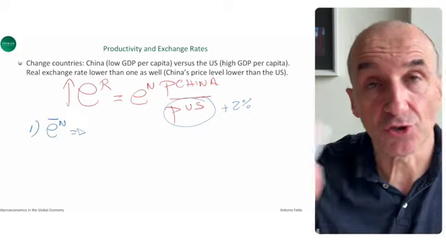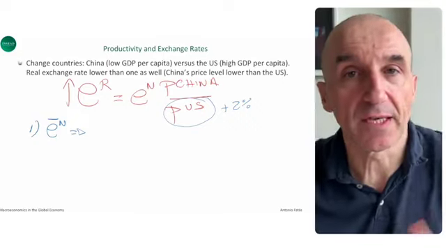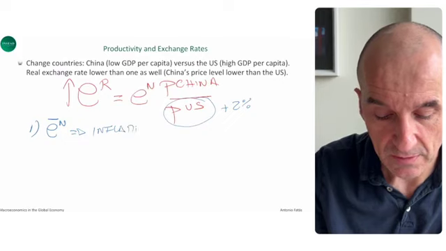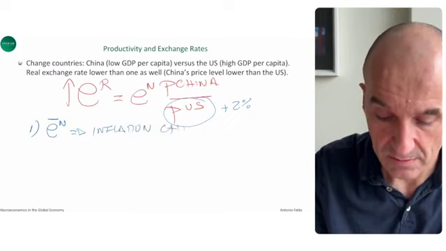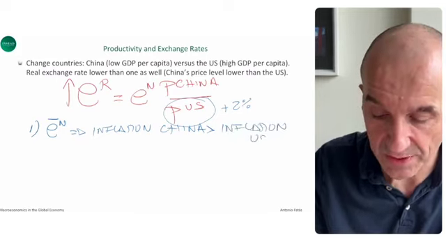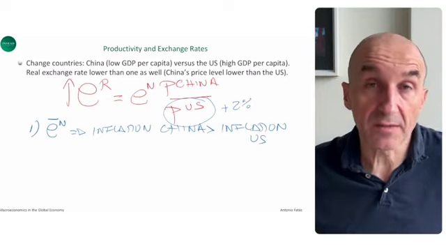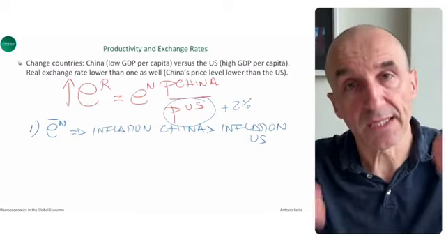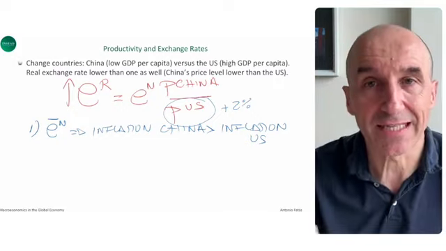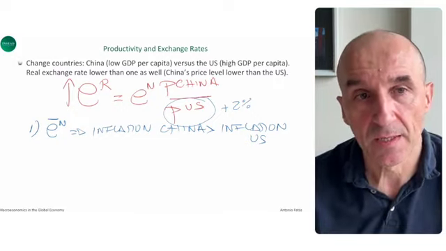Same as the Spanish-German case, because we almost replicated the same story. We know that inflation in China will end up being higher than inflation in the US. It's the same story. I'm not going to say much about the currency because it's fixed, but I can once again bring inflation to sort of close the argument and make sense out of these equations.